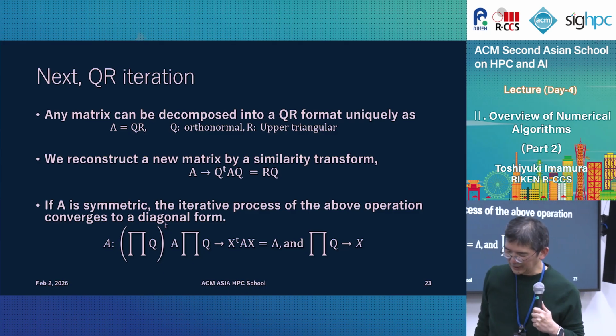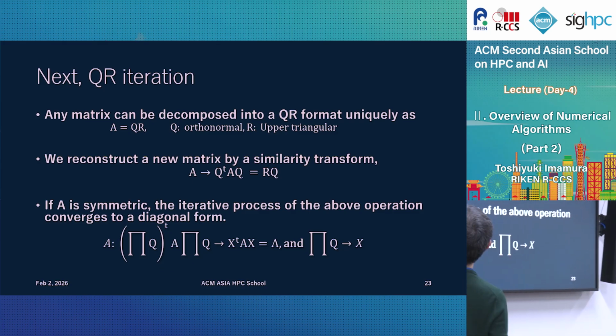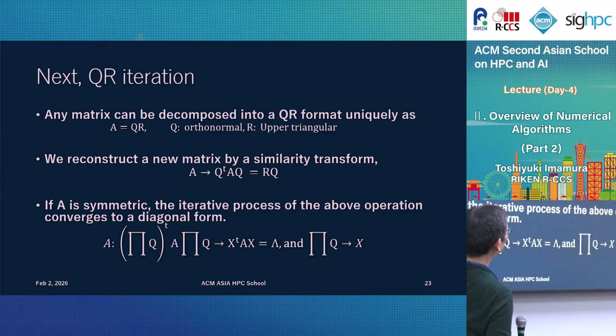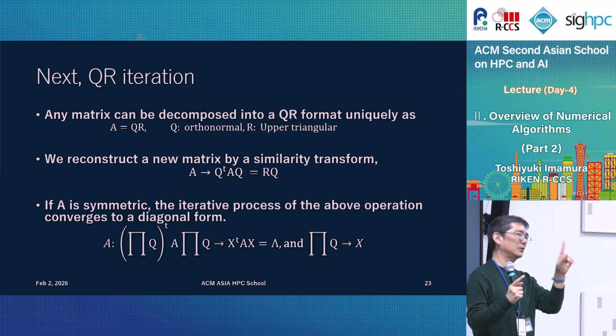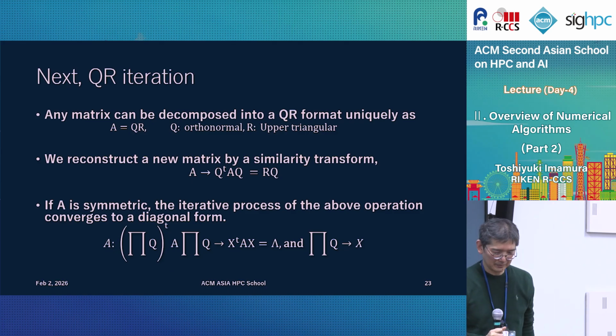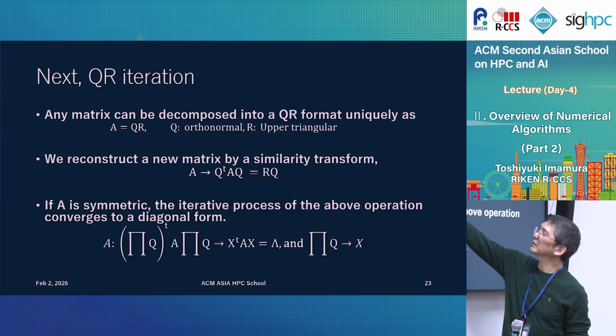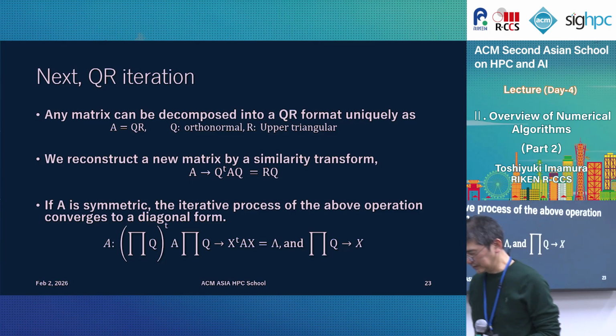This is a very interesting operation. If you have QR, replace A by RQ: take QR and change the order. But RQ is always a symmetric or Hermitian matrix.